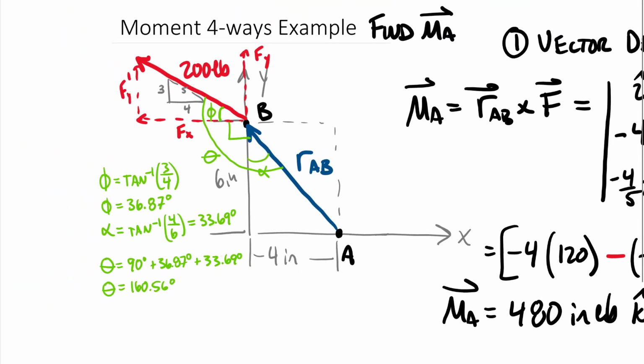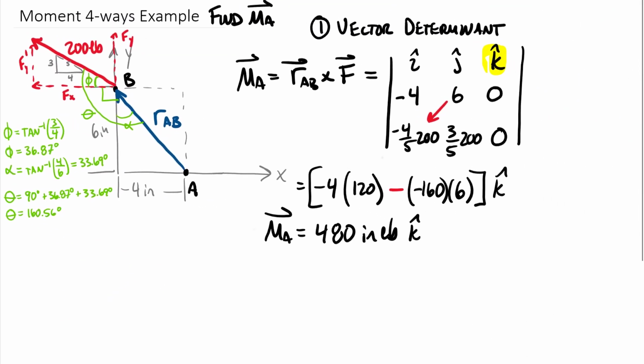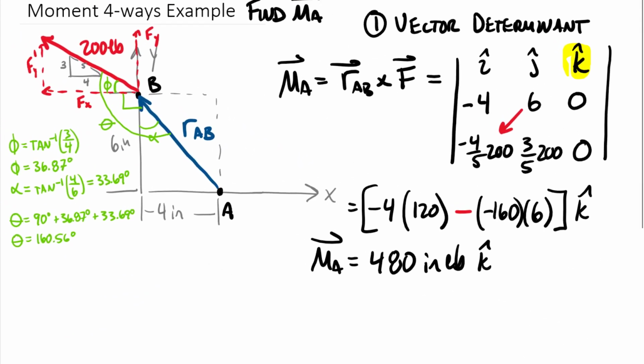All right, so given that information, the angle between the two vectors, we can write that, number 2, if I want to find my moment using basically the lengths plus angles, we'll try it that way.